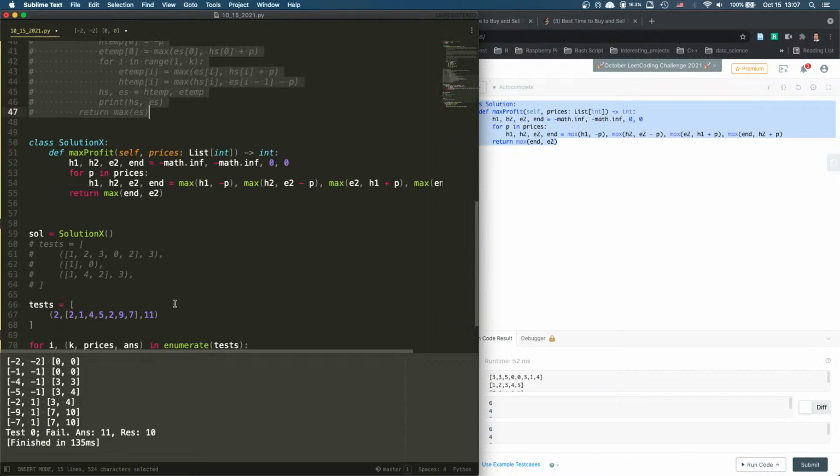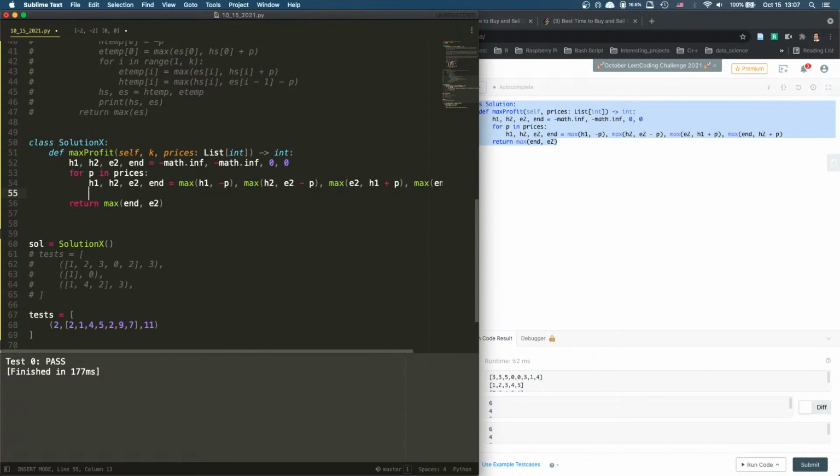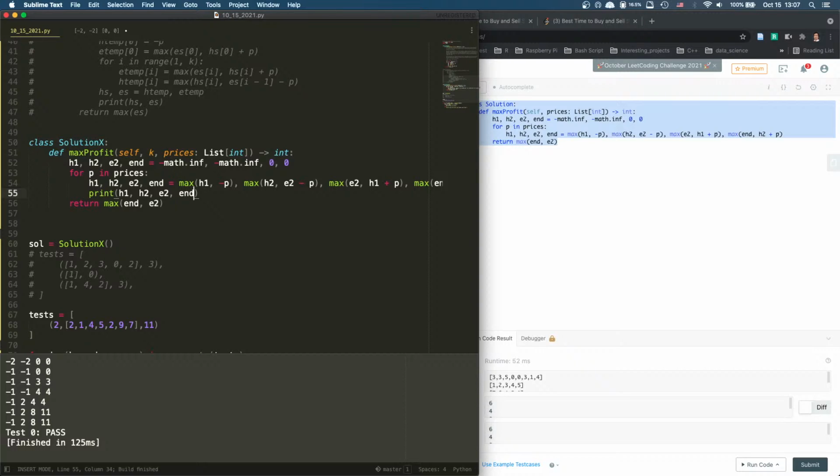And we run the same thing. I'll just say K in prices. This doesn't matter. Yeah, this one passed, so I'll just print H1, H2, E2 and N. But that one goes a little bit different.